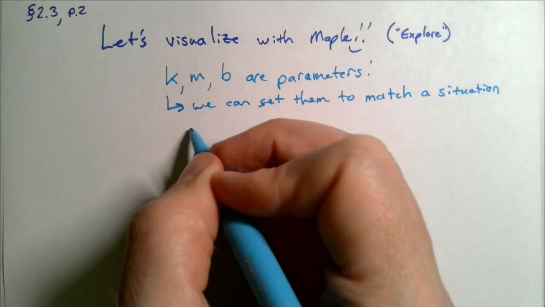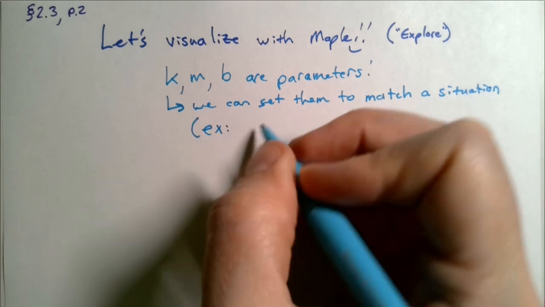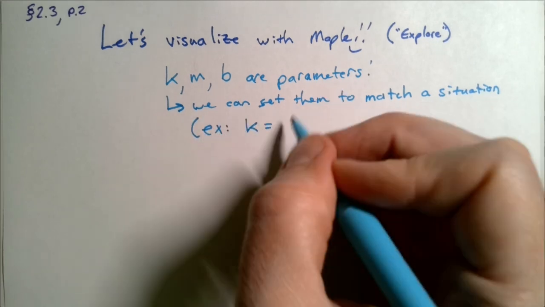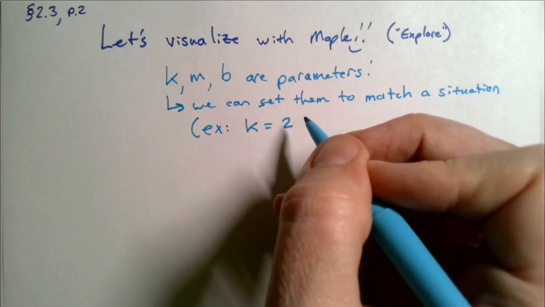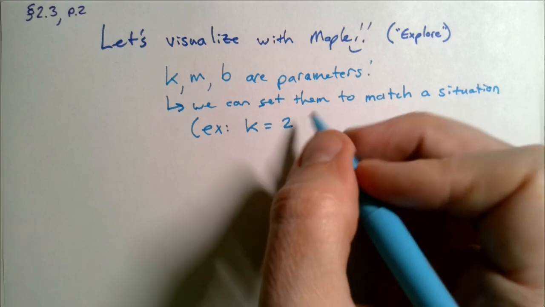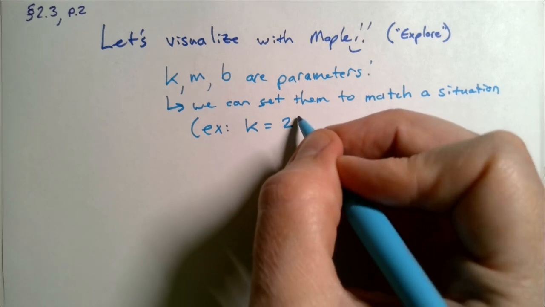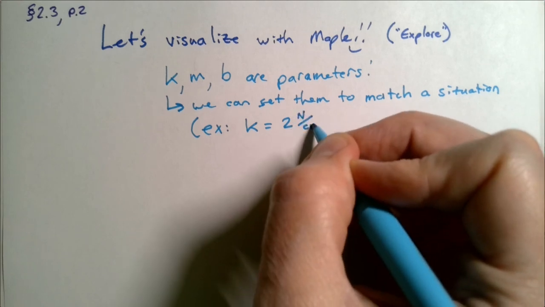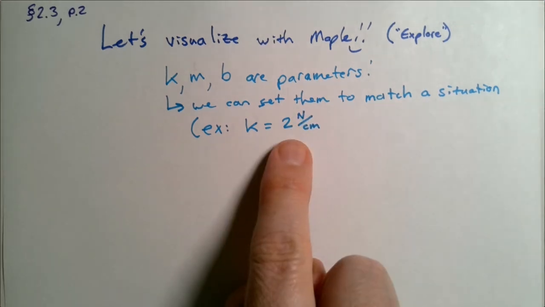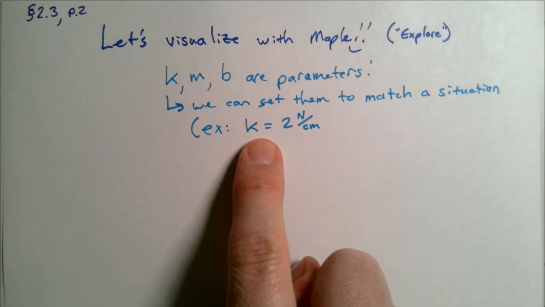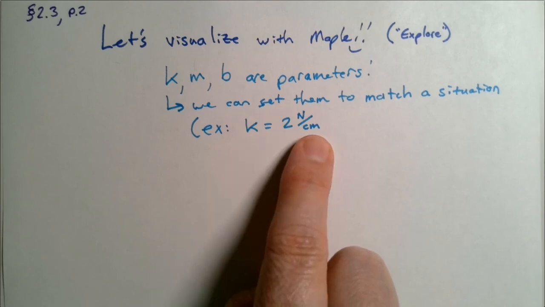So for example, a spring with a constant of 2, in this case, it would be 2 newtons per centimeter or something like that. So it's basically telling me how much force does this spring exert over what given distance.